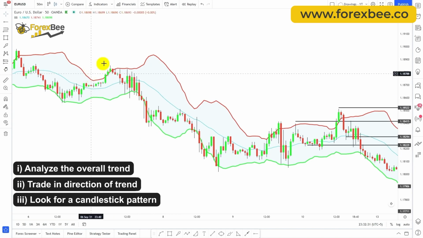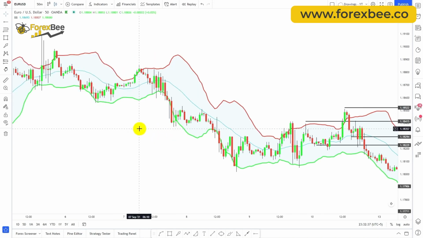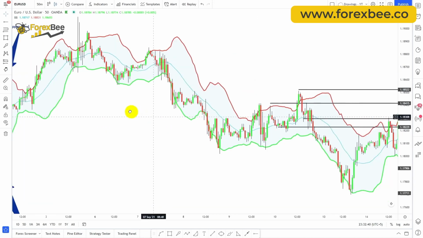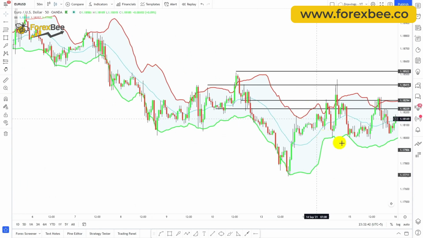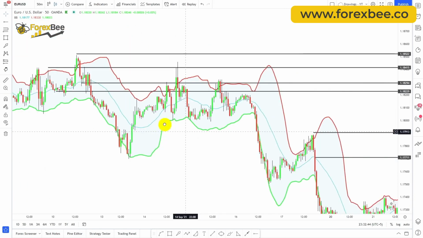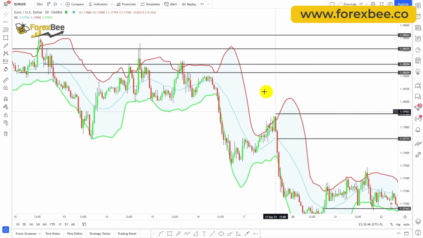But this simple strategy has a lower winning percentage, and less chance of making you some money. So that's why I would always recommend you to go with the advanced price action trading strategy whenever you're trading in Forex using Bollinger Bands, okay, that I just explained.